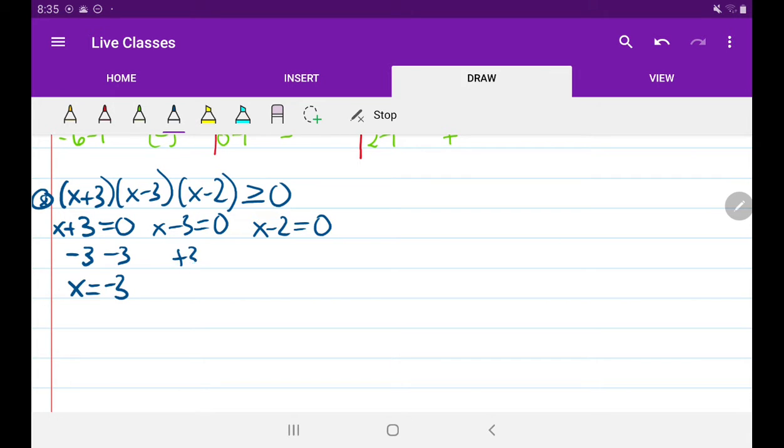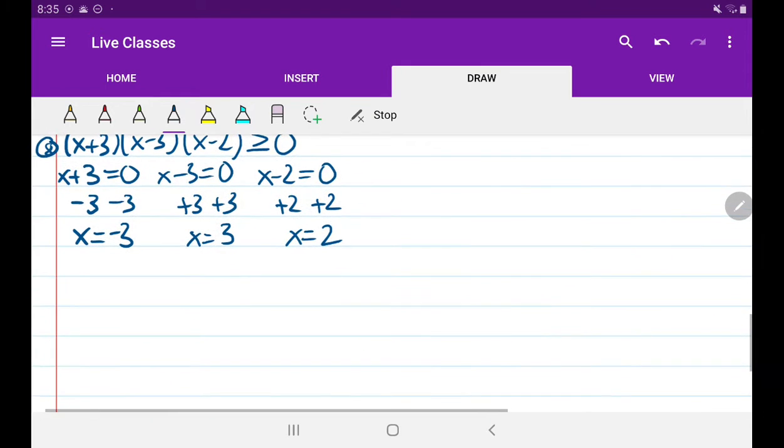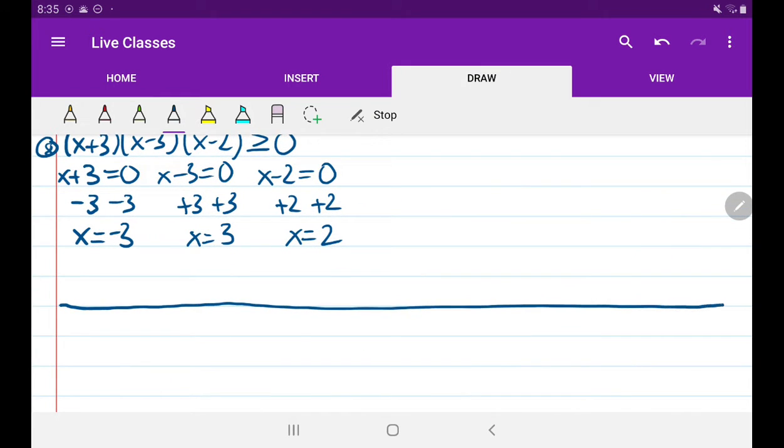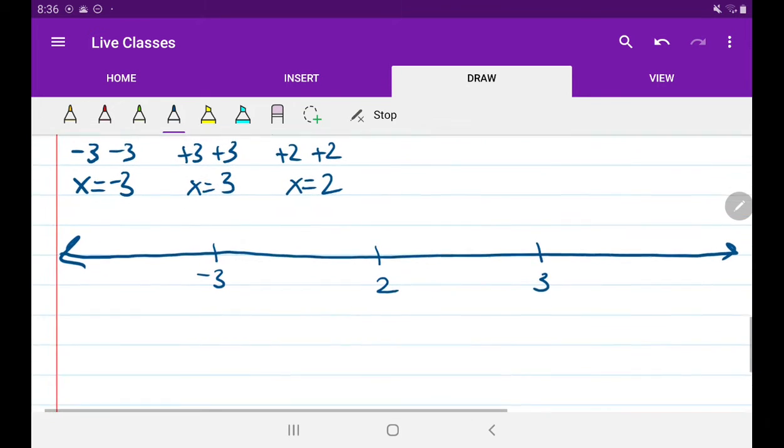We'll get a negative 3 for x, we'll get a positive 3 for x, and we'll get a positive 2. So we're going to put all of those on our number line. So I'll have negative 3, 2, and 3.